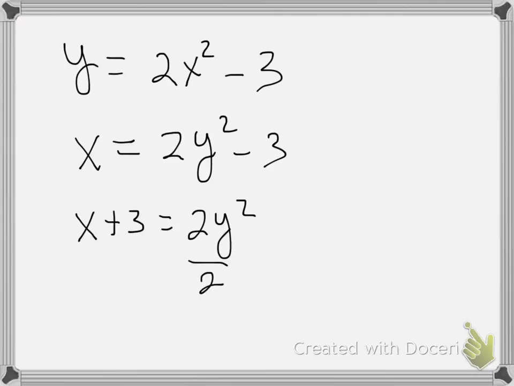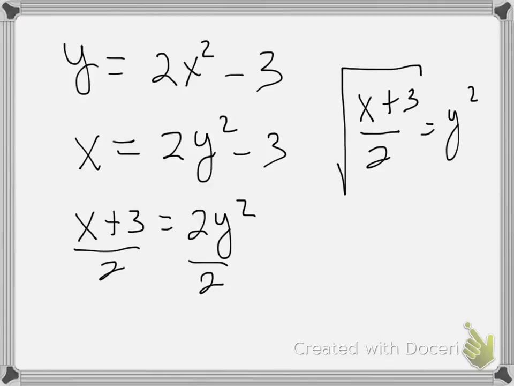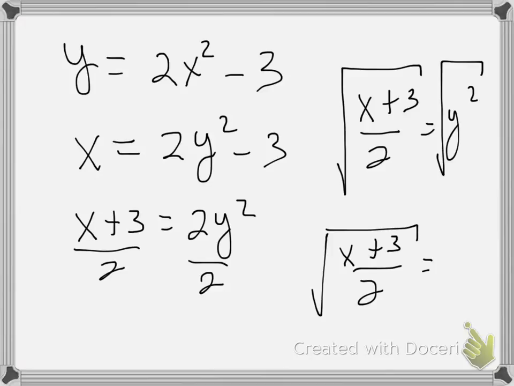Divide each side by 2, and I get (x plus 3) over 2 equals y squared. And then take the square root of each side. And the square root of (x plus 3) over 2 is equal to the inverse of y. Okay?